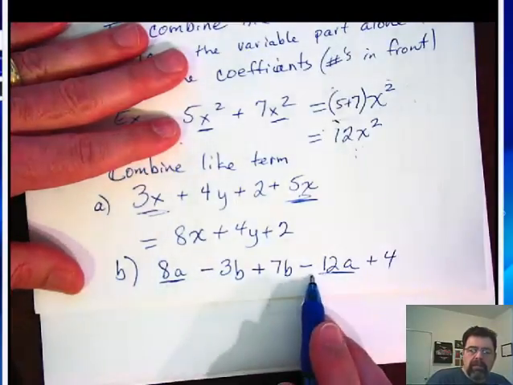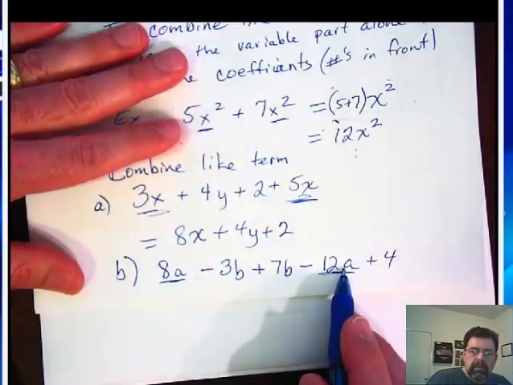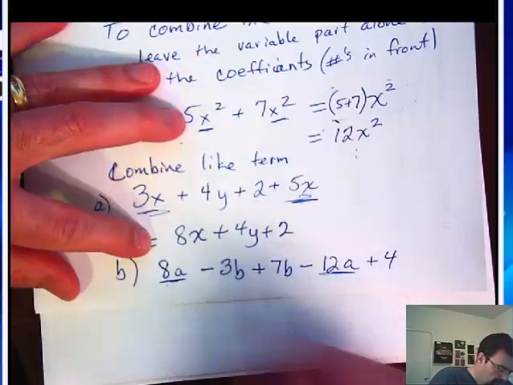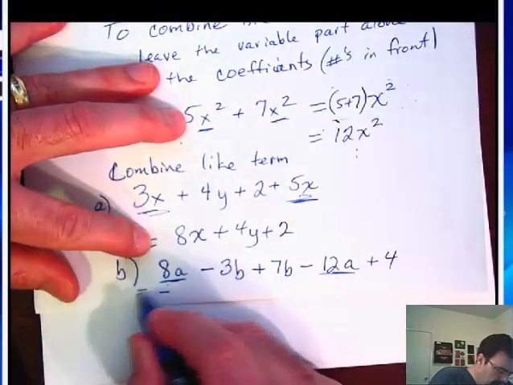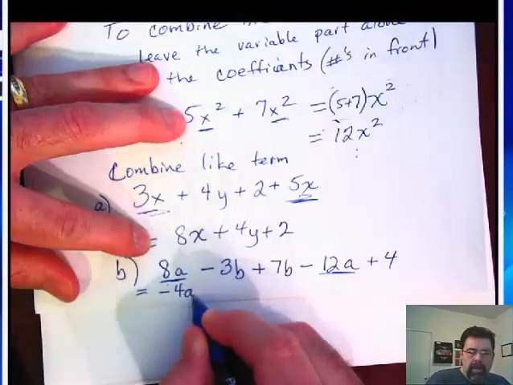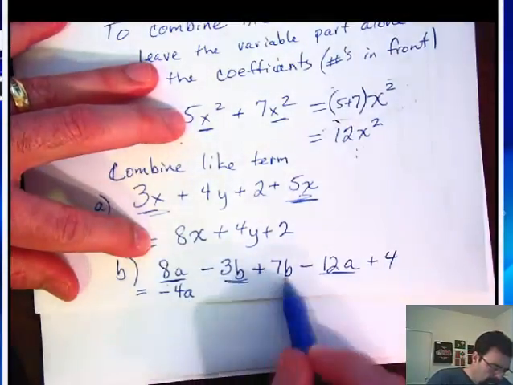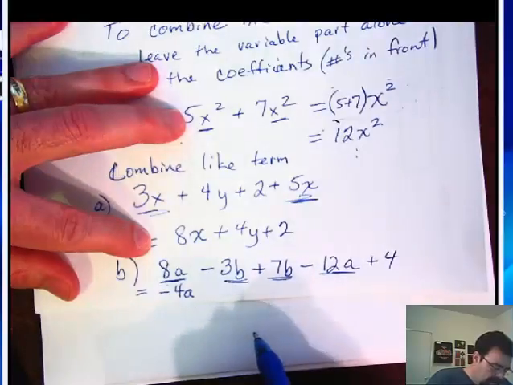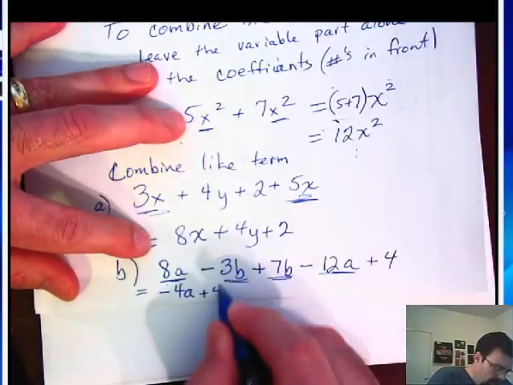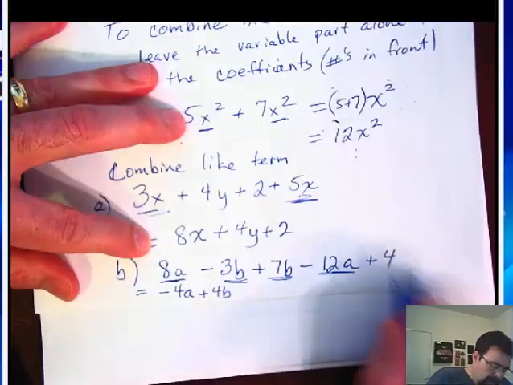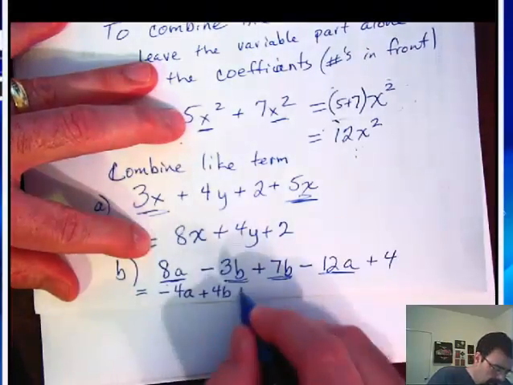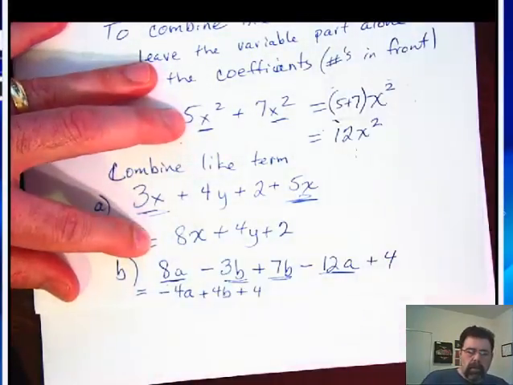And remember, you got to think of this as plus and negative 12. So positive 8, negative 12 is negative 4. They're a's. Negative 3b plus 7b, that'll be a positive 4b. And then I got the last term plus 4. So there you go.